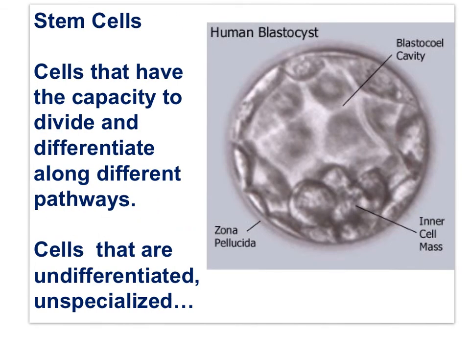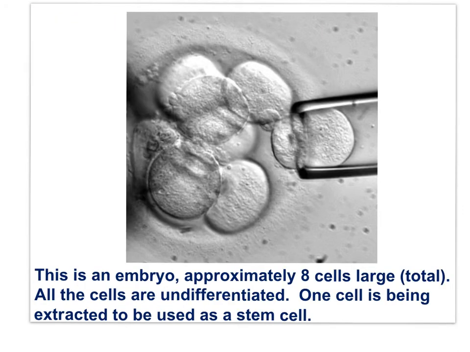Stem cells are undifferentiated cells, but they are important because they have the capacity to divide and differentiate along different pathways. The handful of cells that comprise an early embryo are stem cells. These cells could be harvested, as you see here, and cultured to differentiate into a tissue that might repair tissues that are damaged.